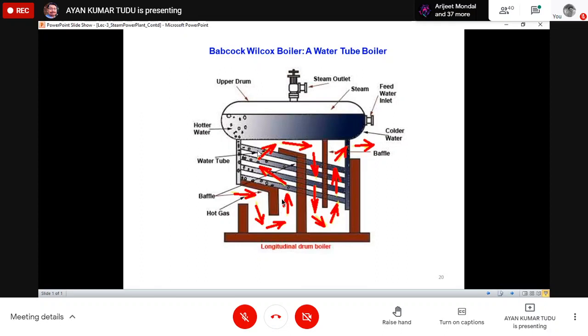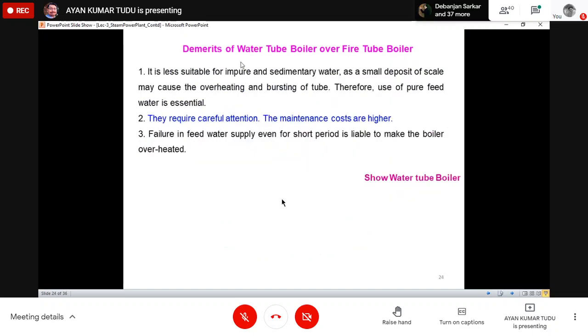And please remember, we do not want any leakage inside the water tube boilers, because any leakage will lead to overheating of that area, which may lead to a severe accident like the bursting of the tubes. So please remember these 3 points. These are the demerits of water tube boiler over fire tube boiler.